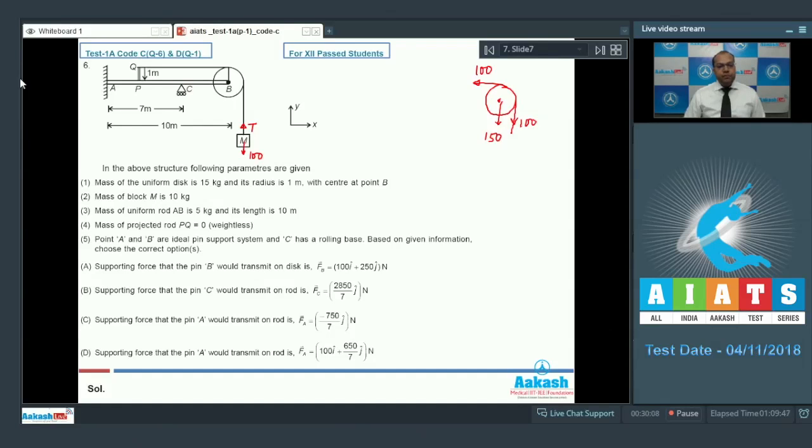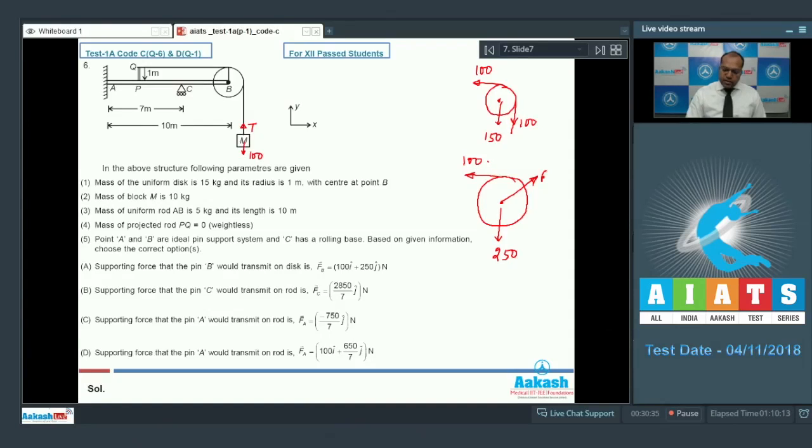Supporting force that the pin B would transmit on the disc is this much. If I see the point B on the disc, then the force acting on the disc in this direction is 250 and in this direction is 100. So the pin will exert a force on the disc in this direction, and this force balances these forces.